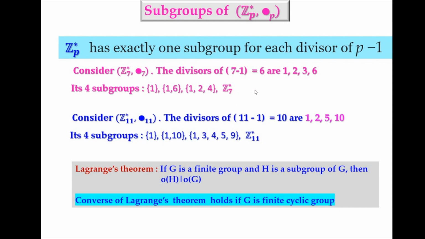So you find the generators of this, and other than the generators, what are the elements that we have? The singleton one and this one are definite subgroups. Other than that, how to determine these subgroups?